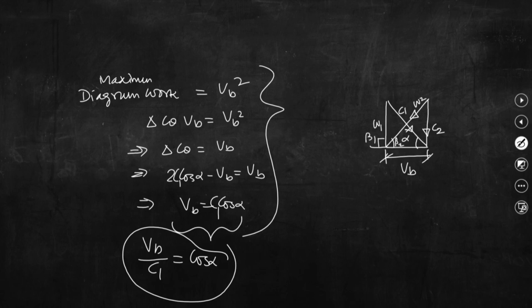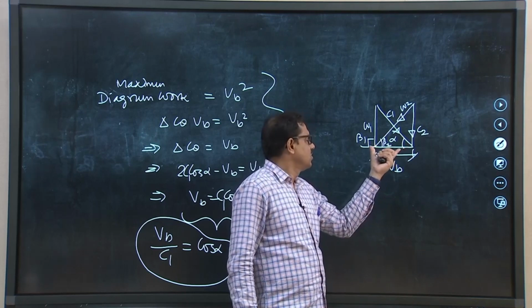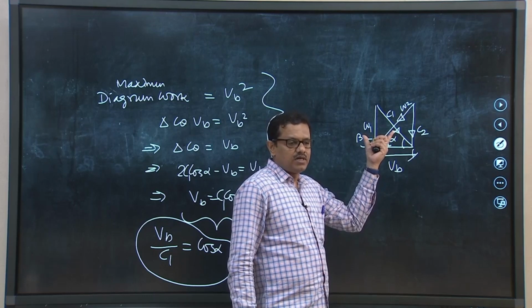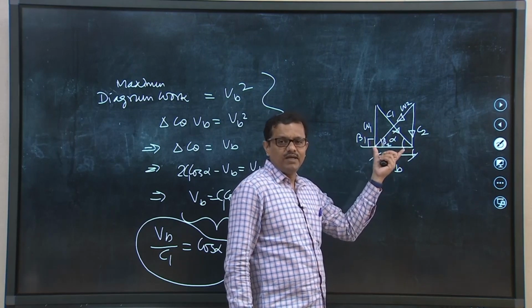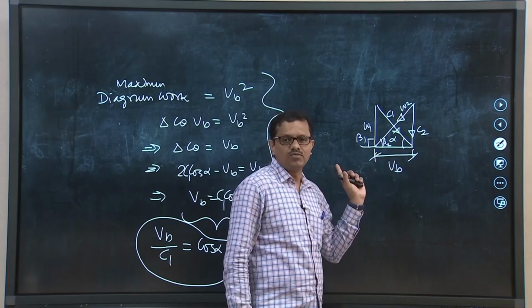So, these are the velocity triangles for a 50% reaction turbine producing maximum diagram work. Let me tell you once again, these are the velocity triangles of the reaction turbine having degree of reaction equal to half when producing maximum work.